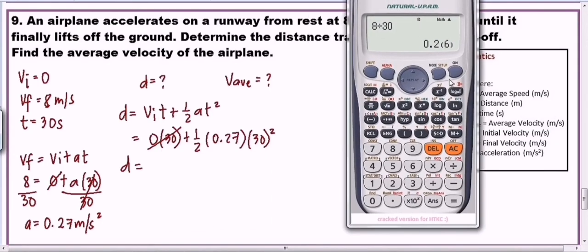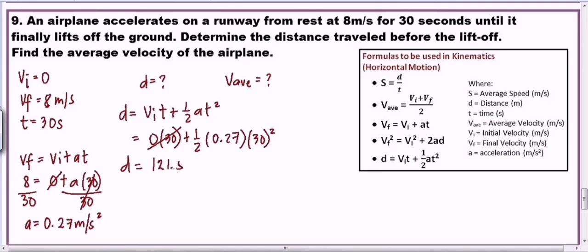So ang matitira lang ay si 1/2, 0.5 times 0.27 times 30 squared. So the answer is 121.5, since distance to, meters. So the final answer is 121.5 meters.